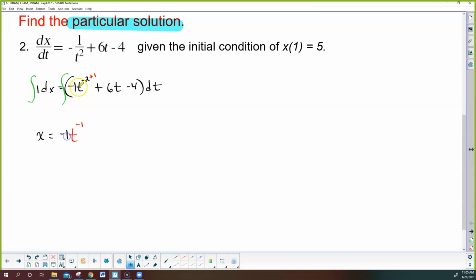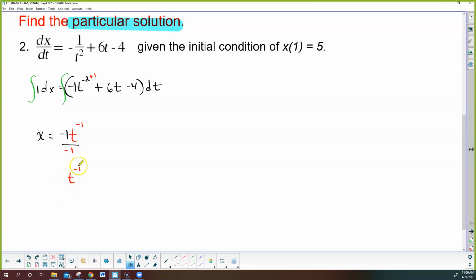If I put a negative 1 up top, I should always divide by that. Look at what happens: a negative and a negative turn into a positive, and I'm really left with t to the negative 1, a positive t to the negative 1.